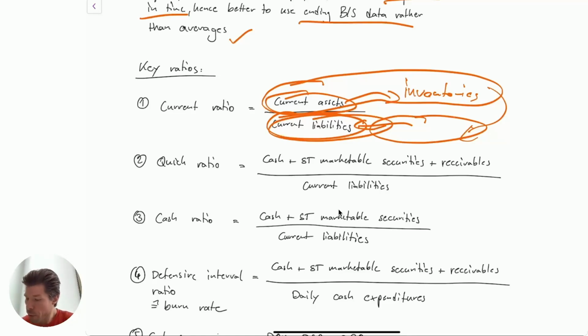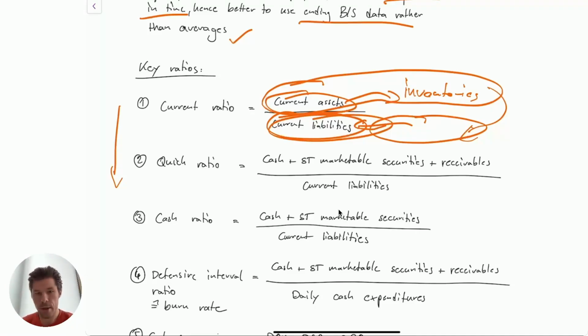obligations. Quick ratio, again, same concept, but it is a more conservative ratio because it includes more liquid current assets. Here, inventories that are less liquid compared with receivables, short-term marketable securities, and cash are excluded.